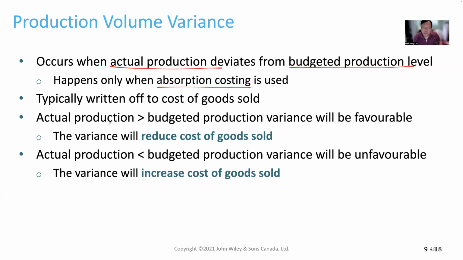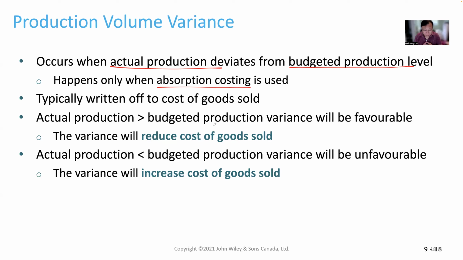So when actual production is more than budgeted production, say you think you are able to produce 100 units but actually it is 150, you work with a fixed manufacturing overhead cost that you think is spread over 100 units, but in the end you produced 150. That's good news.